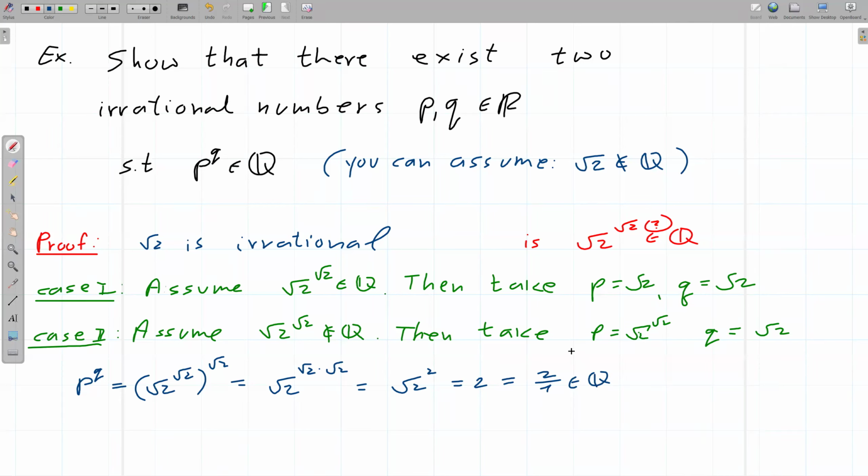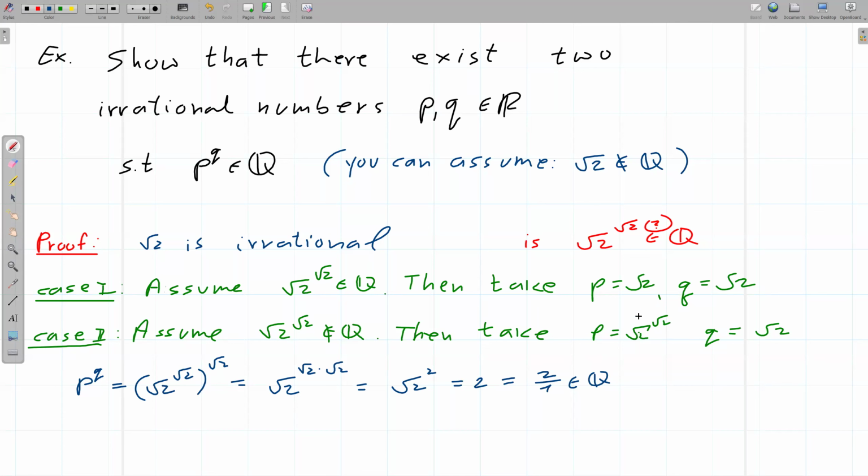So it is indeed rational. So in either case, we have managed to prove that there exist two irrational numbers such that p to the power of q is rational. Off the record, I can tell you that case 2 is the true one.